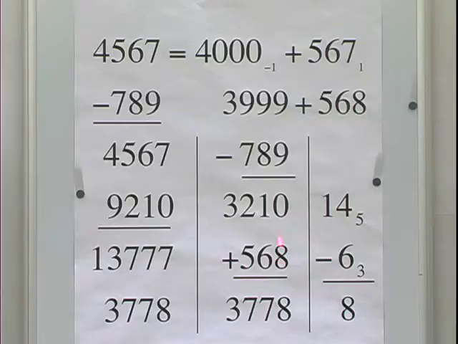So 568 added to this: 8, 6 and 1 is 7, 5 and 2 is 7, bring down the 3 again. So I get 3,778 is our difference. How many operations did I do? I did 3 easy subtractions, 1, 2, 3, and 3 easy additions. So I did 6 operations to get that.